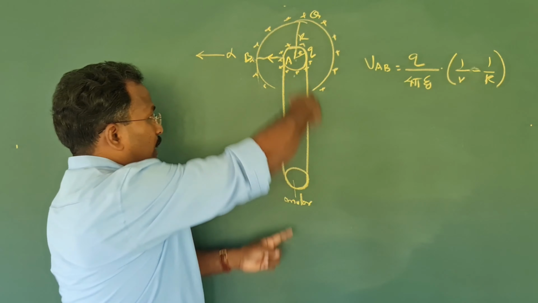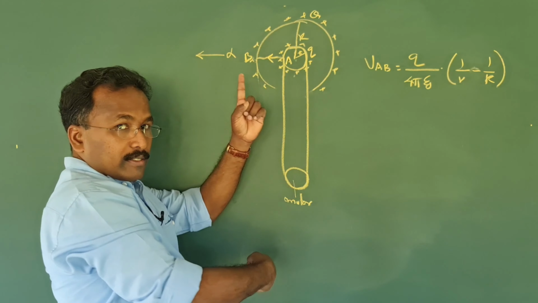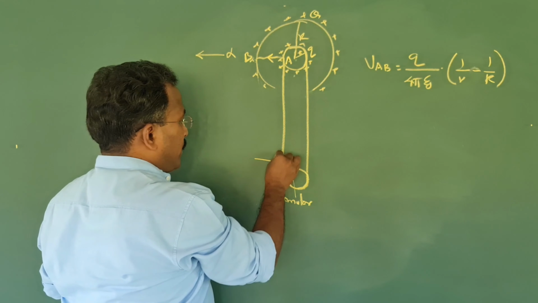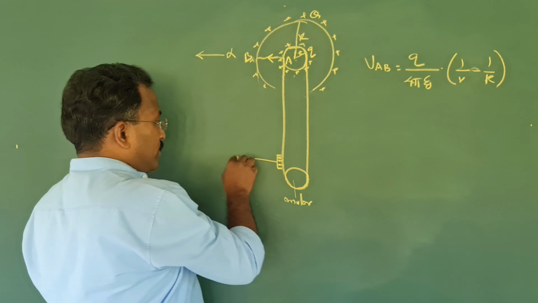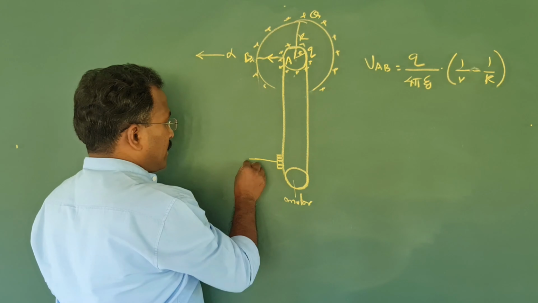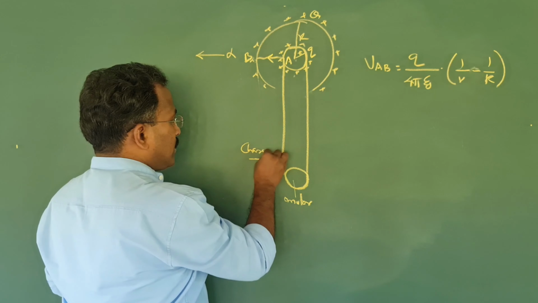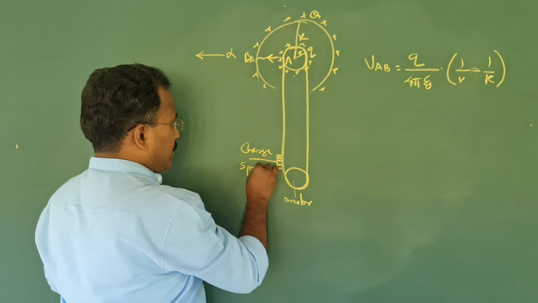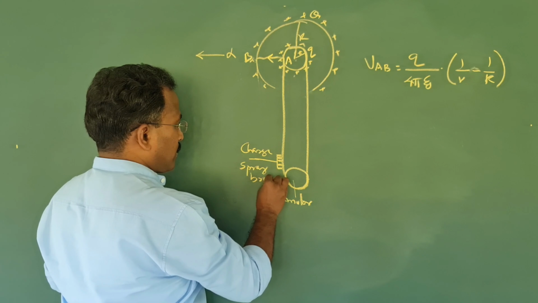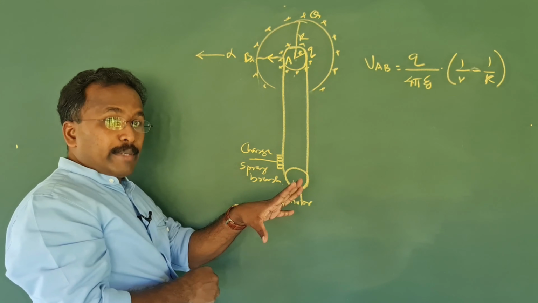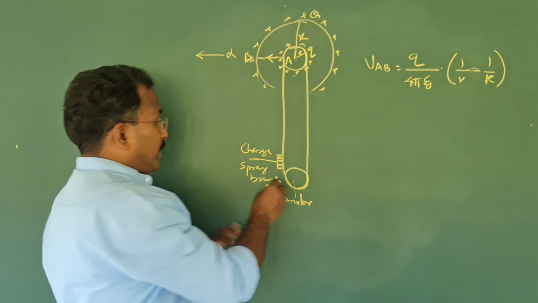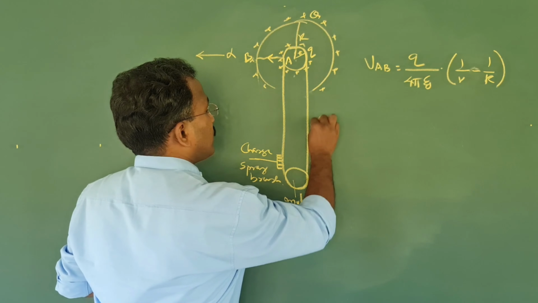Using a motor, he has rotated this, and the charge will be sprayed using a brush. Positive charge is sprayed here. So this is a charge spray brush. Okay. So positive charge is sprayed means electrons are picked up and it is rotated this way.